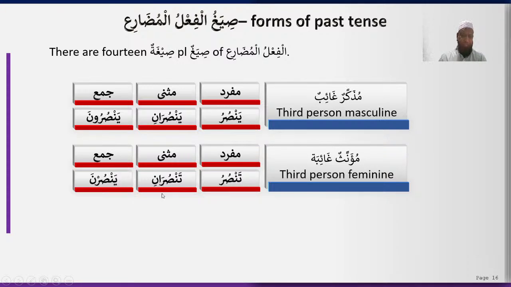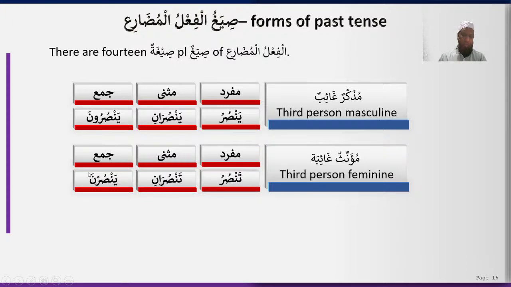ينصرن. This صيغة we use حروف المضارع the ياء for this صيغة only. مبني على السكون. The Arab is مبني على السكون. Why? لاتصاله بنون النسوة.